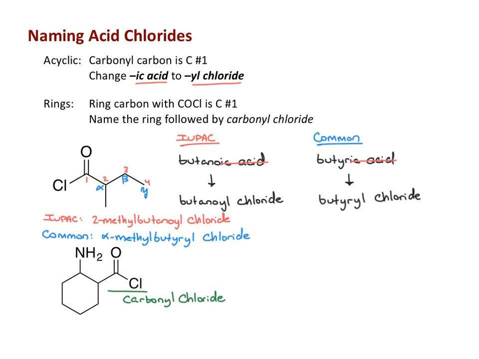So if we look at the rules here, the ring carbon with the carbonyl chloride attached is carbon number 1. And then we would continue to number around the ring to give the lowest substituent numbering.